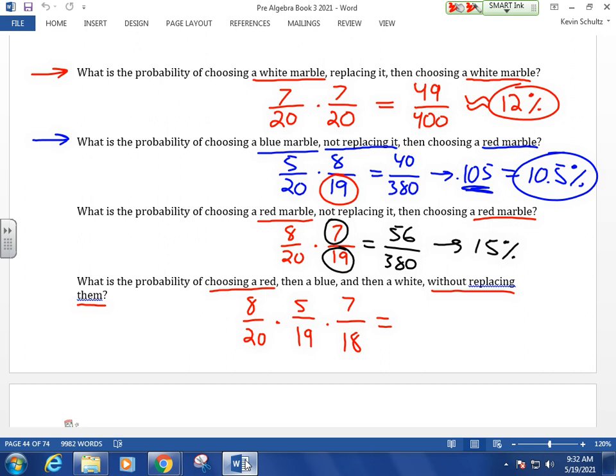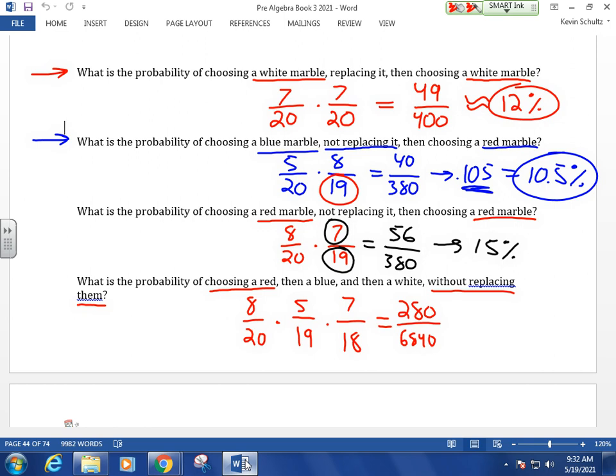So 8 times 5 times 7, 40 times 7 is 280. So there are 280 successful outcomes out of a possible 6,840 outcomes, right? There are 6,840 different things that could happen reaching into this bag and doing this test. Okay? 280 of those are successful.